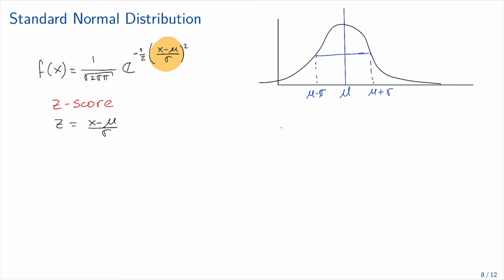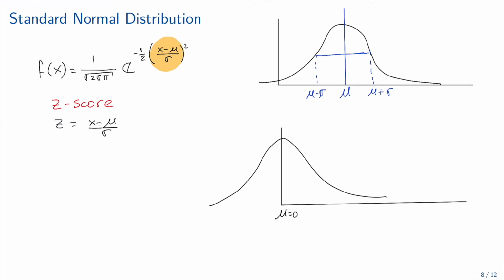So our new function will be centered at the origin, so mu is equal to 0, and the standard deviation will be equal to 1.